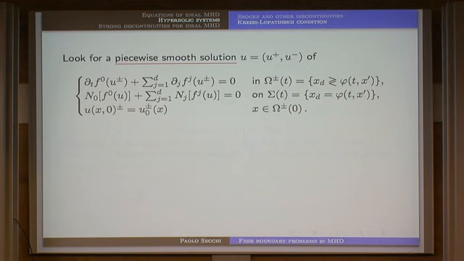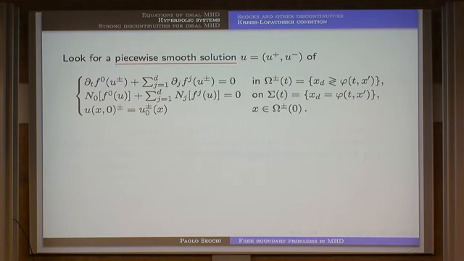We are looking for a piecewise smooth solution with two possible states, u plus and u minus, on one side or the other of a front. So we assume that we have sigma of t described in this way.